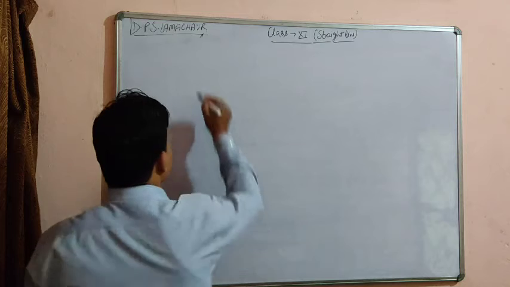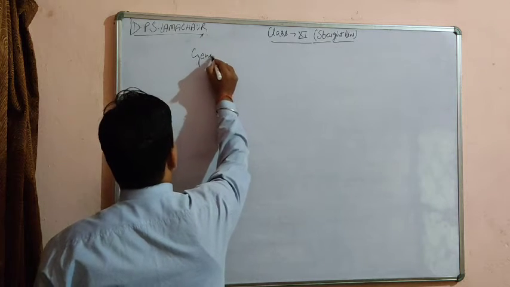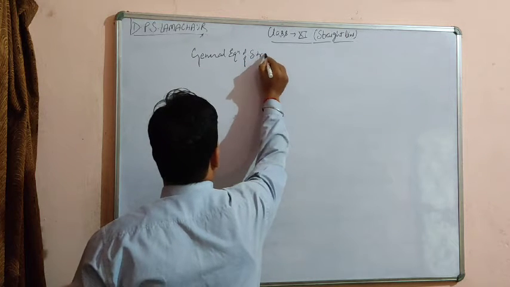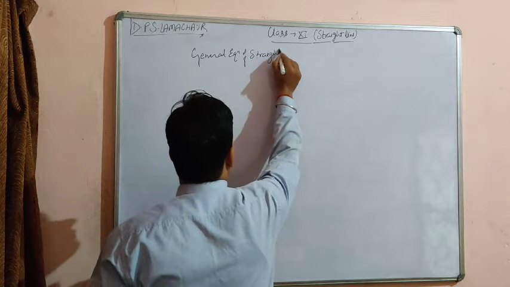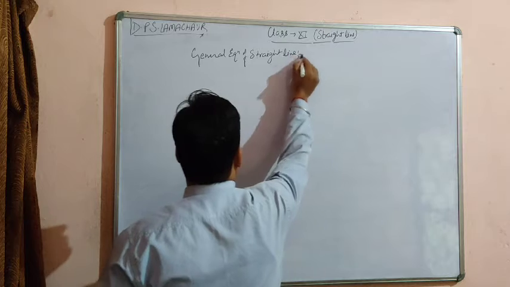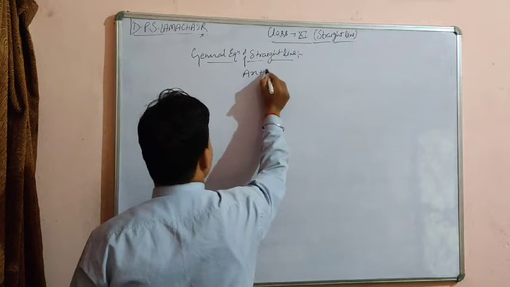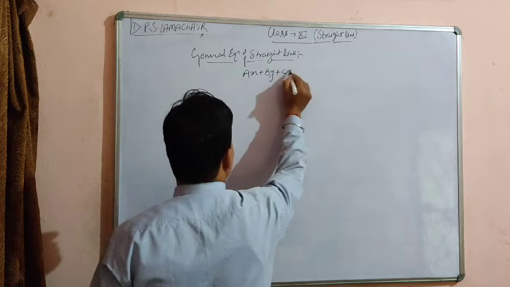So dear students, general equation of straight line. Basically ax plus by plus c is equal to 0.